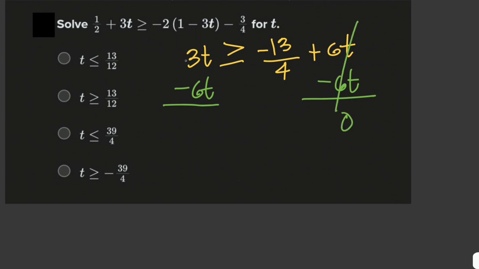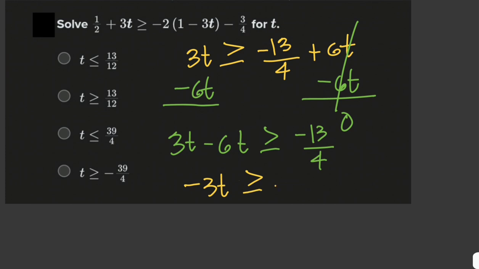Okay, this is 0, and then we have positive 3t minus 6t greater than or equal to negative 13 over 4. Then 3t minus 6t is negative 3t greater than or equal to negative 13 over 4.